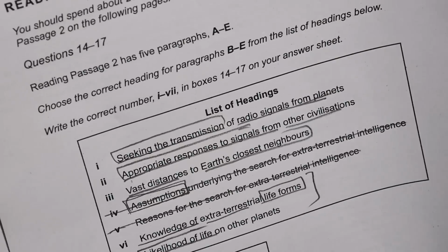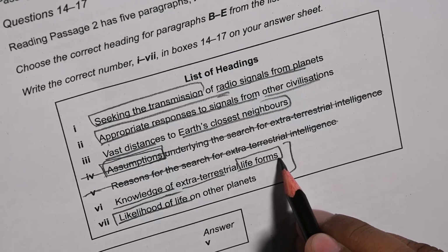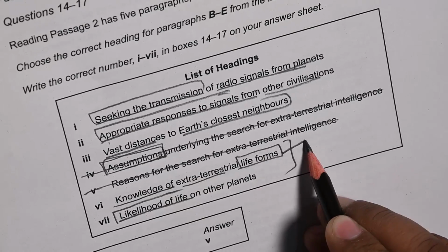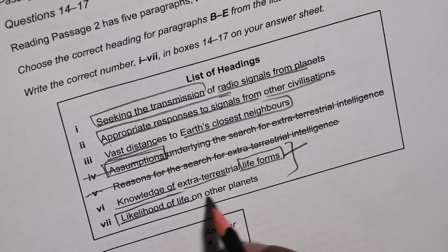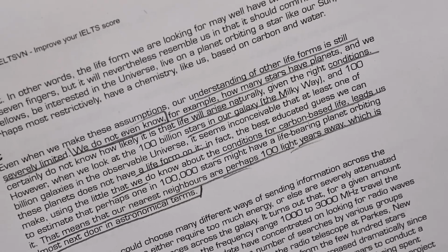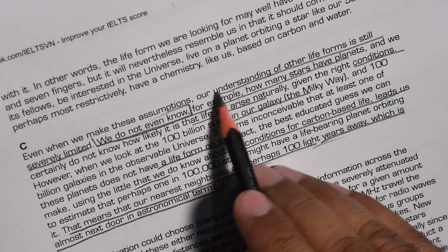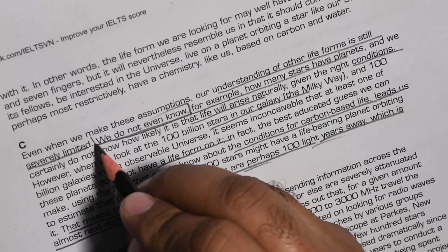years. Okay, so knowledge of extraterrestrial life forms, it's basically not this. It's actually likelihood of life on other planets. Now how do we get to know that they are talking about likelihood of life on other planets? When they say life form is still very limited, we do not even know.